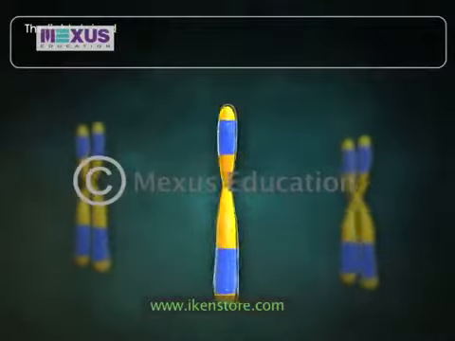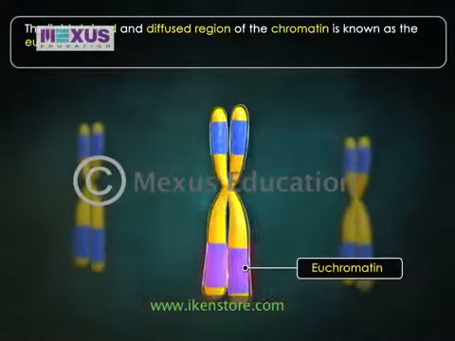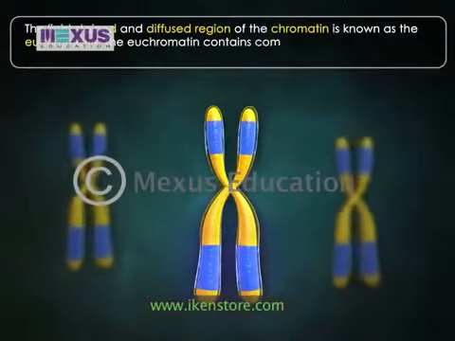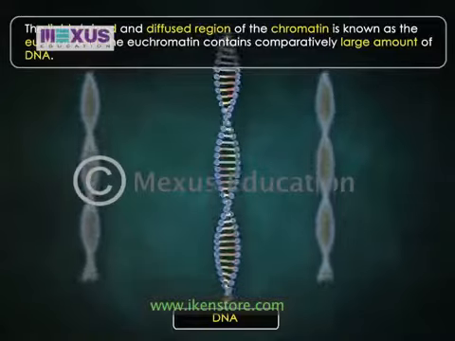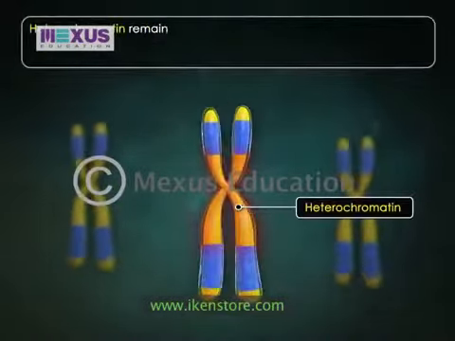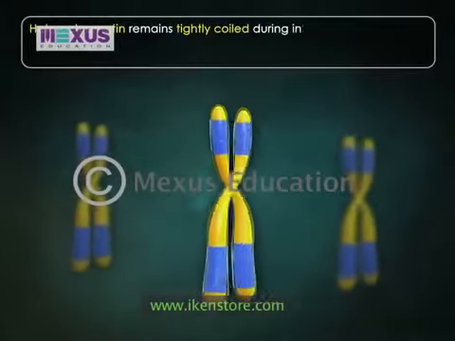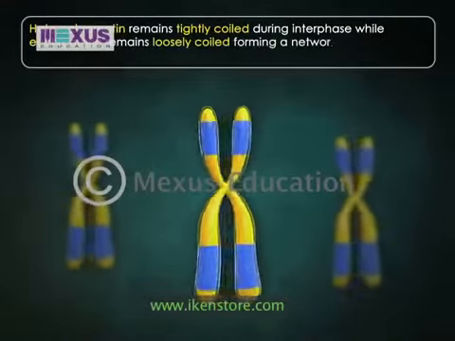The light-stained and diffuse region of the chromatin is known as euchromatin. The euchromatin contains comparatively large amounts of DNA. Heterochromatin remains tightly coiled during interphase, while euchromatin remains loosely coiled, forming a network.